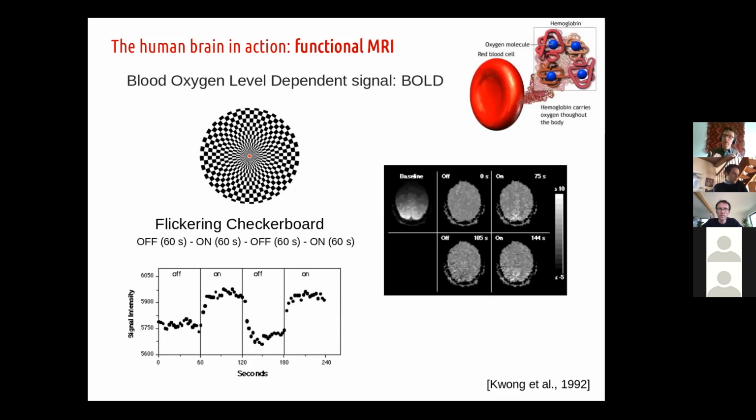So if you image someone who is doing a task, for instance, looking at a flickering checkerboard, which is extremely painful to do, but is very efficient to get brain activity in your visual cortex, then you can see signal differences where basically your signal goes up and down with the stimulus being done.